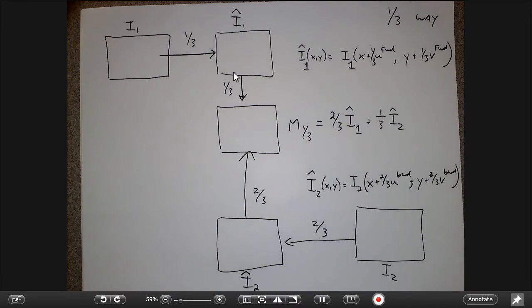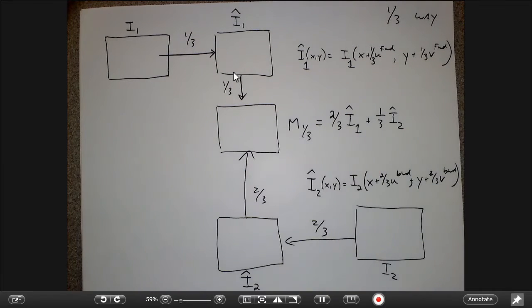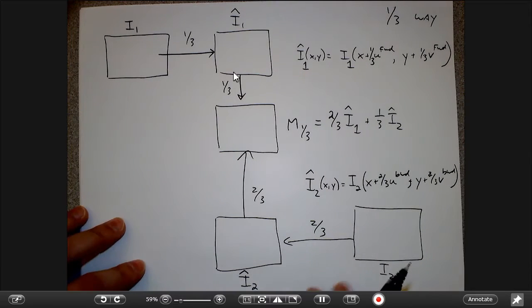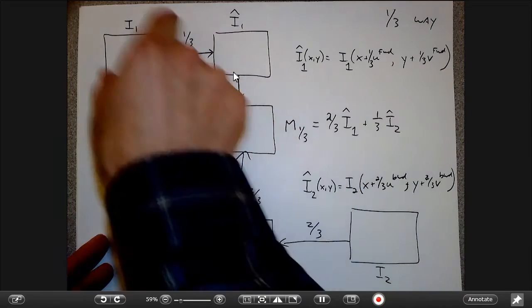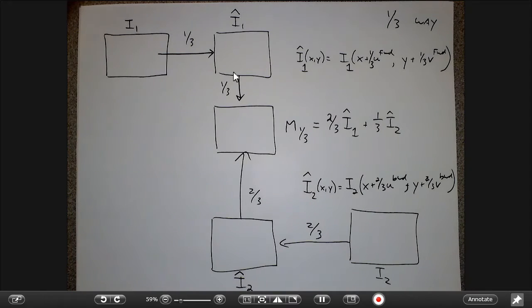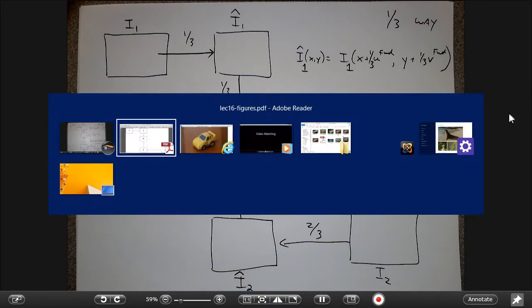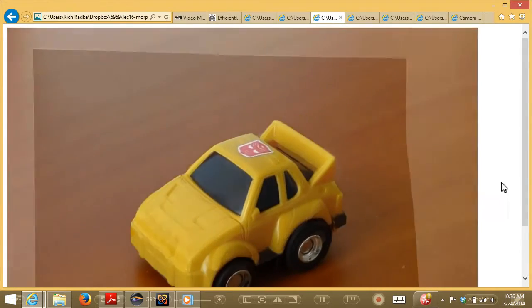Since I'm not moving too far away from image 1, it should be mostly colors from image 1 and some colors from image 2. Then as I push the morph all the way through, this thing moves from the upper corner down to the lower corner. More and more colors come from image 2, and all the geometry comes from image 2 as I push the morph forward, right? So the result of doing that is this.